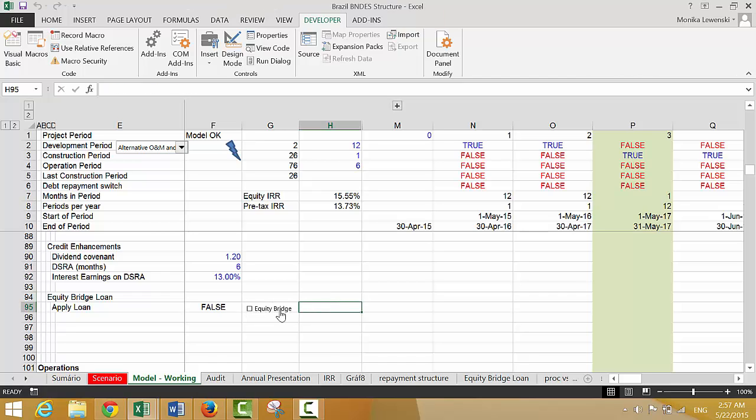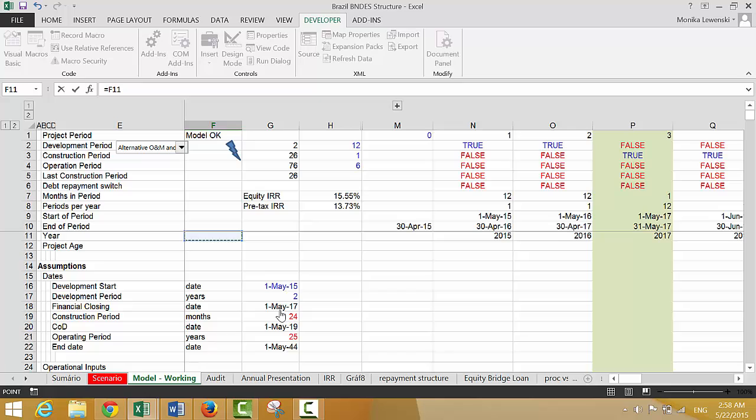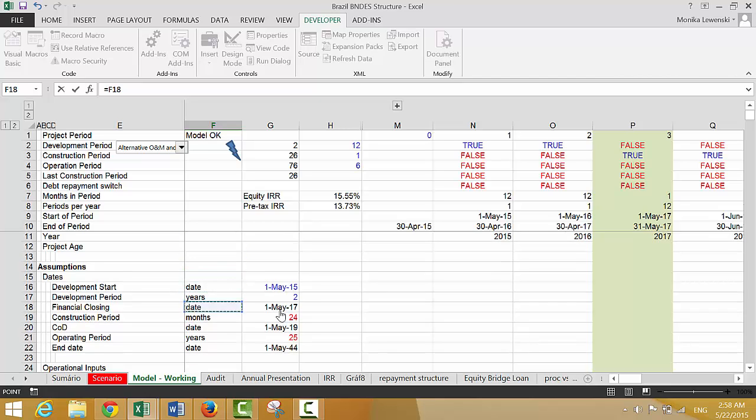Okay. Now let's put a maturity, and it could be all sorts of different maturities, but just so you really understand how this works, we can put this as the maturity of the loan.